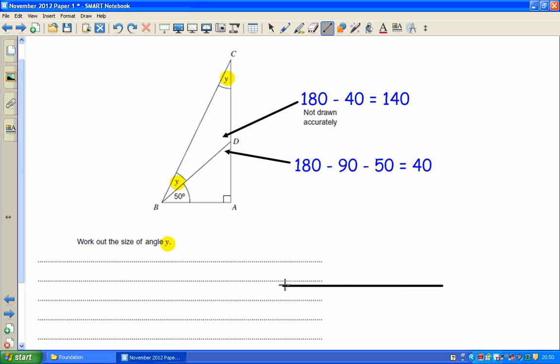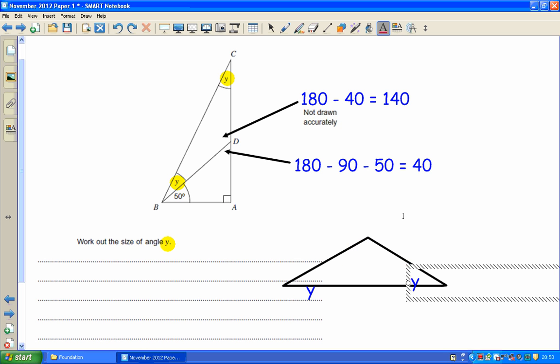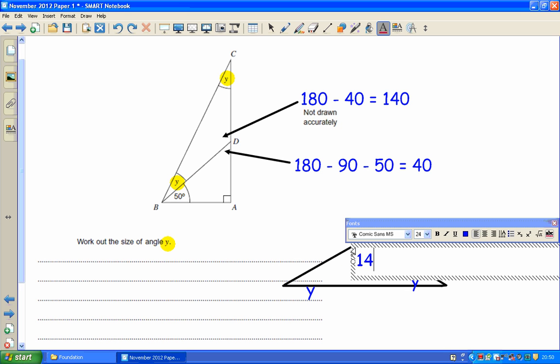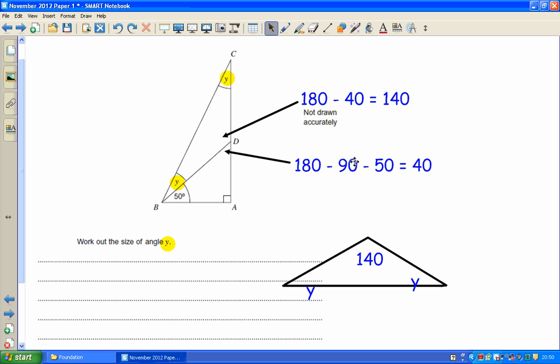It looks a little bit like this. Where I've got my y's, which is there, and there, and the angle at the top is 140. So 140 there, and I've got y there, and y there.